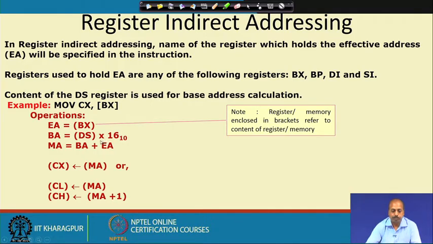This way we calculate the total actual address value. In this instruction, CX will get the content of memory location MA, which is computed here. So, CL gets MA and CH gets MA plus 1.